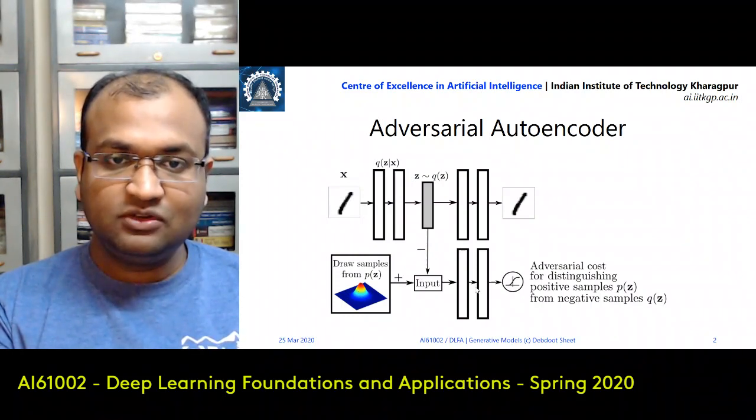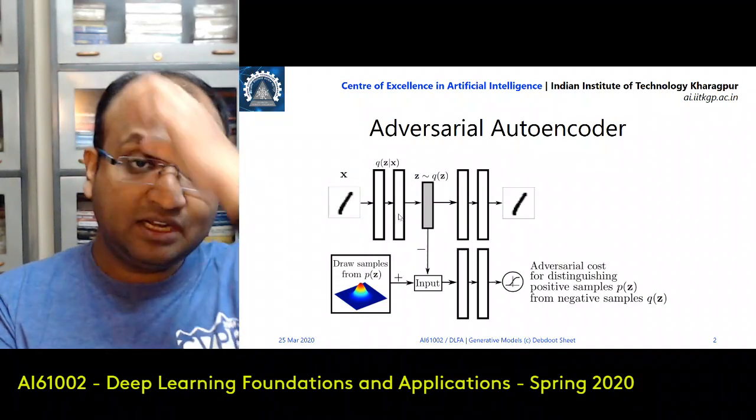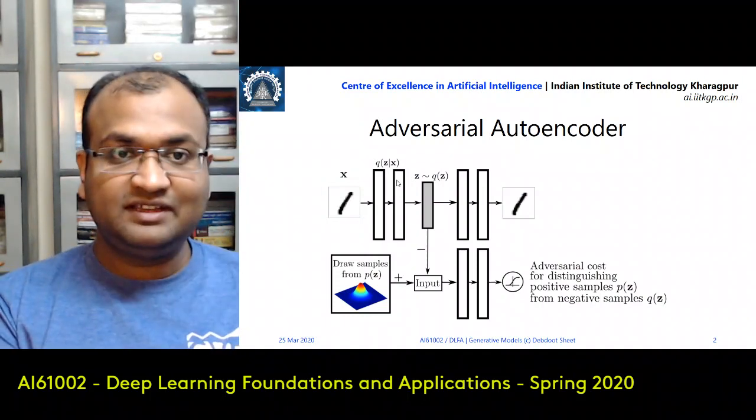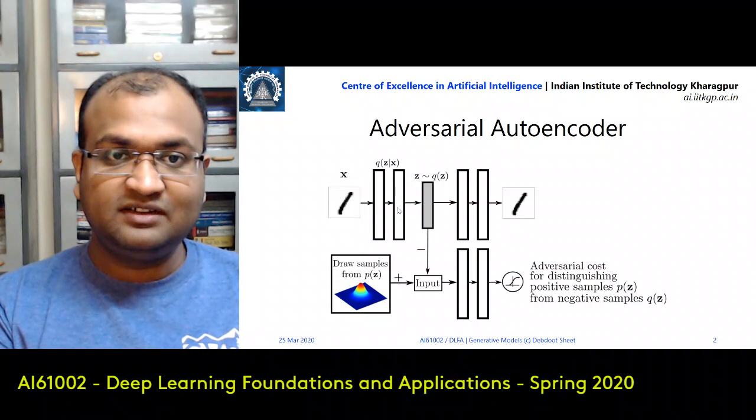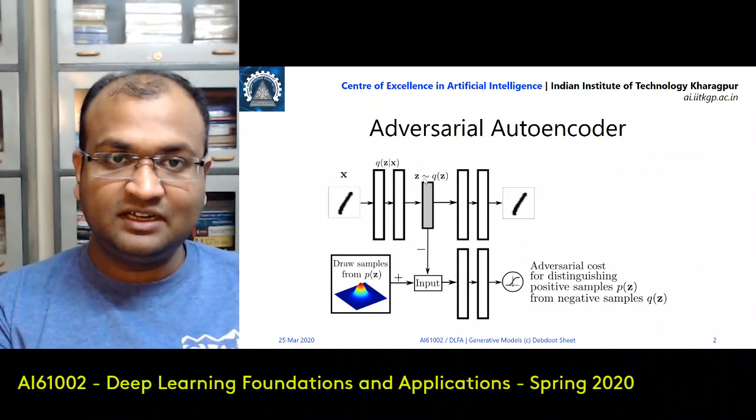The only thing that keeps changing over epochs is this network and the weights over here, which is basically my encoder and my decoder. So if my encoder modifies its weights in such a way that the Z which comes from QZ becomes very similar to PZ, then the discriminator will be confused.